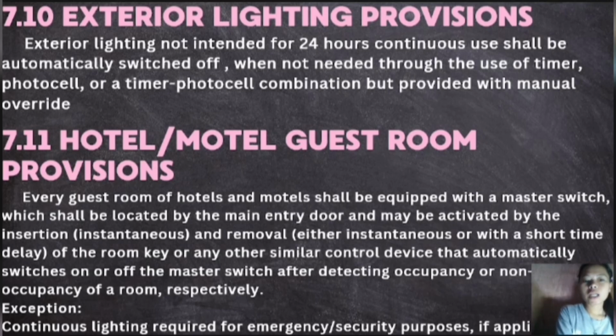Hotel or motel: each hotel or motel must have a master switch in this room to control all the lighting. It can automatically turn the lights on or off to save energy.